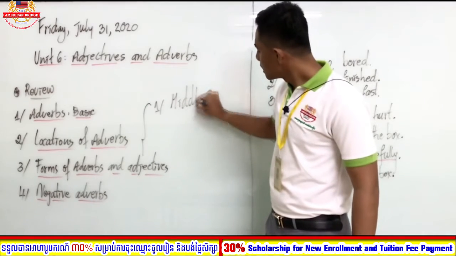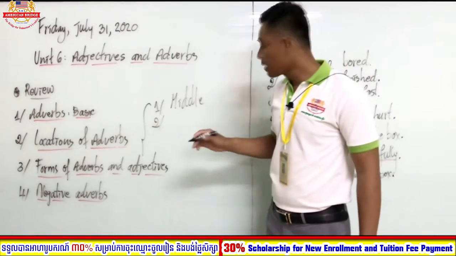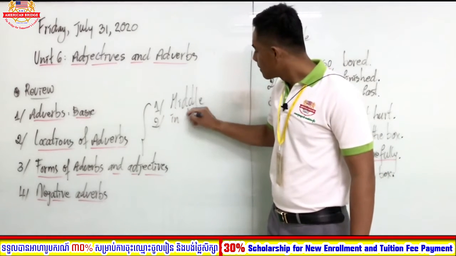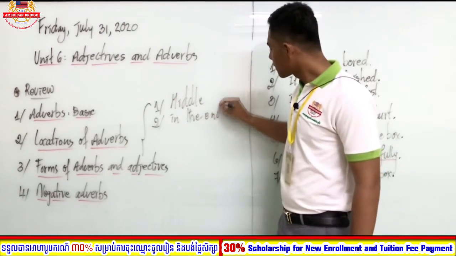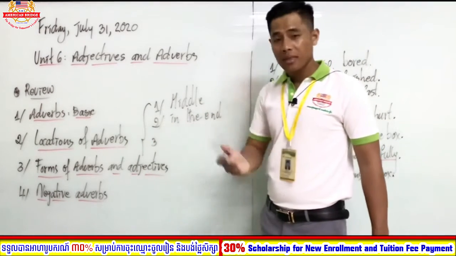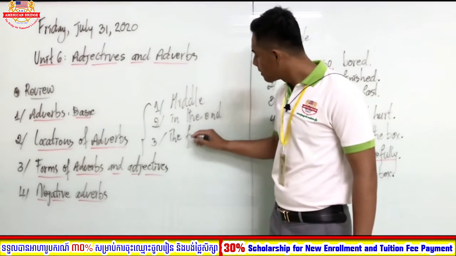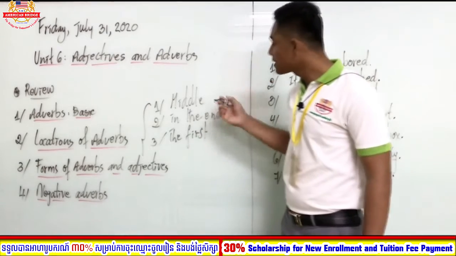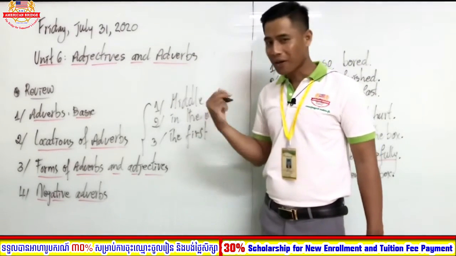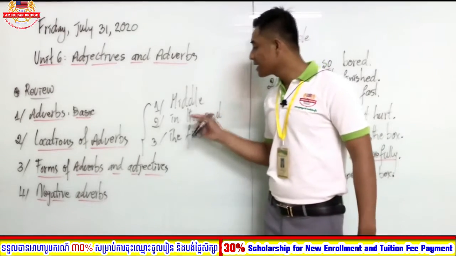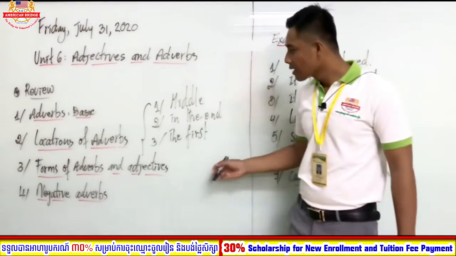Second, at the end of the sentence, and third, at the beginning of the sentence. So there are 3 locations that we have learned in Unit 6: in the middle of the sentence, at the end of the sentence, and at the beginning of the sentence. Okay, good.